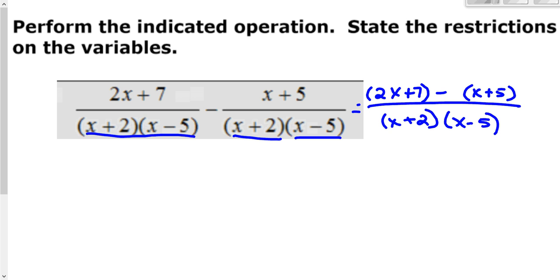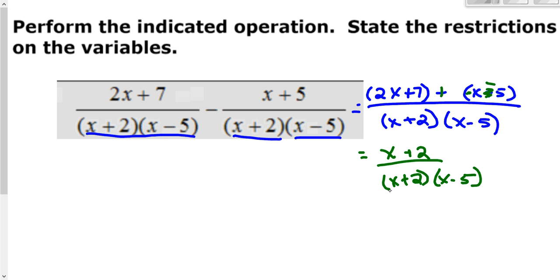Combine like terms in the numerator, so that negative's becoming a positive, and all our signs after become the opposite. 2x plus negative x is x. 7 plus negative 5 is positive 2 over x plus 2, x minus 5.